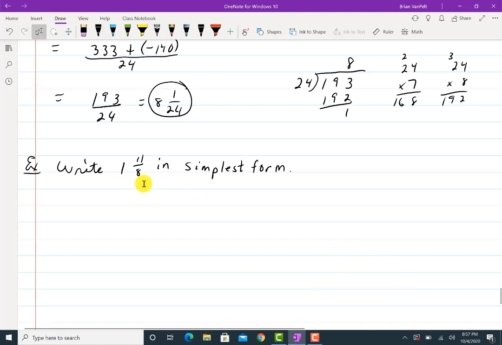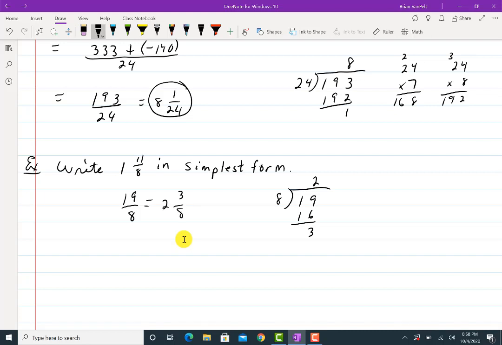Nonetheless, what I'll do is use the process that we have to change it to a fraction. So I'll do 1 times 8 is 8, plus 11 is 19. And then I'll write that as a mixed number, and that's simplified. That's considered simplified. And it looks like we have 2 and 3/8.